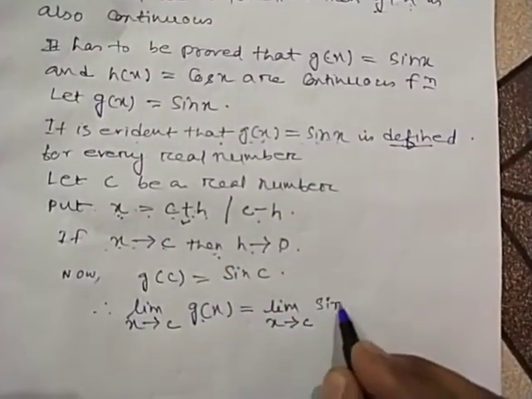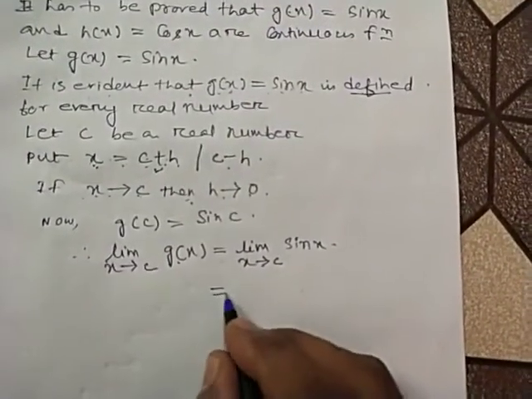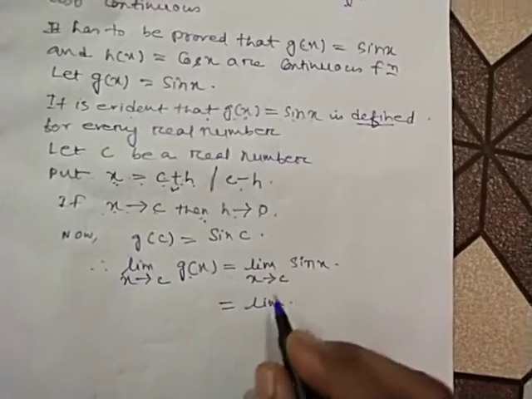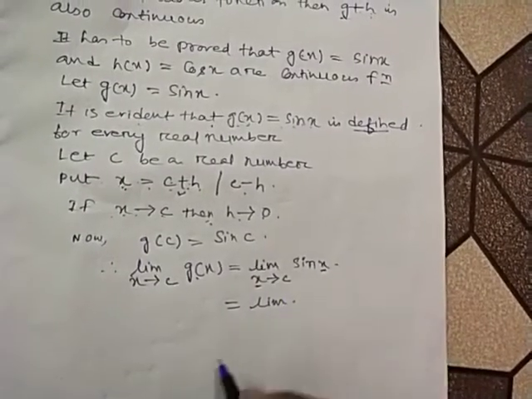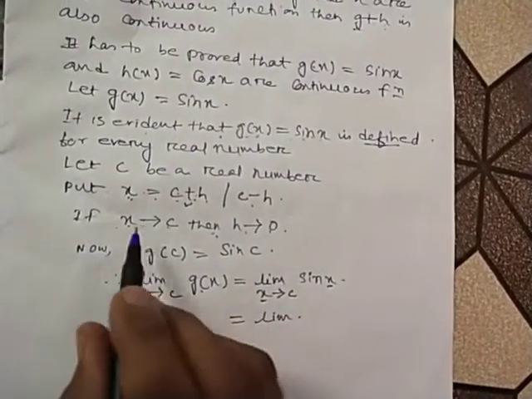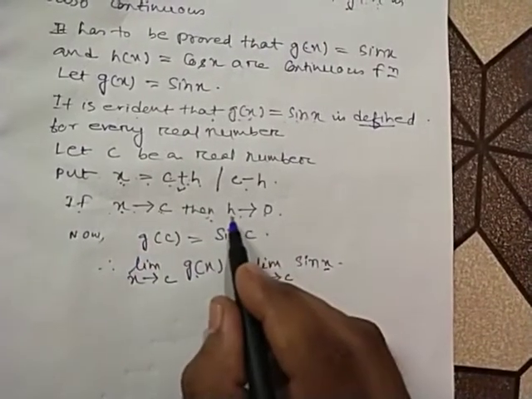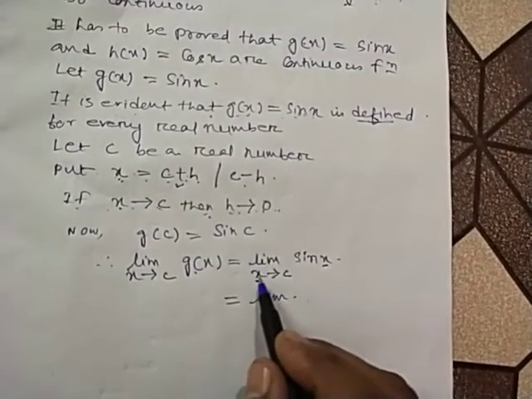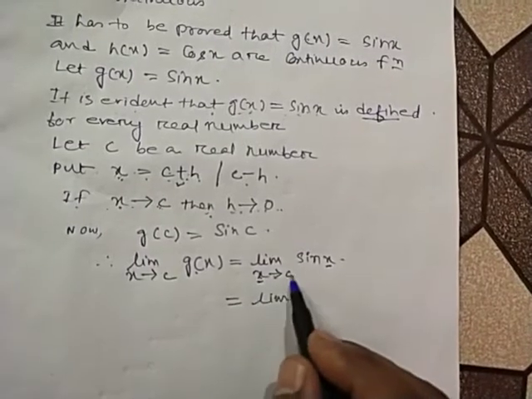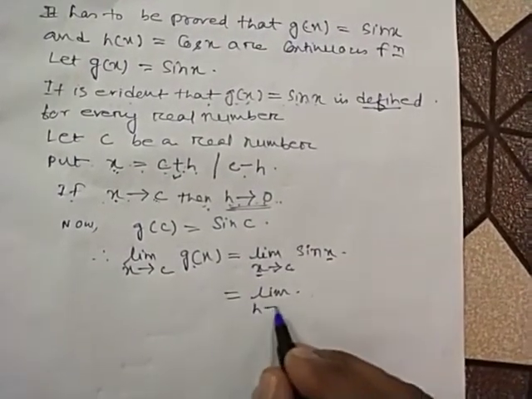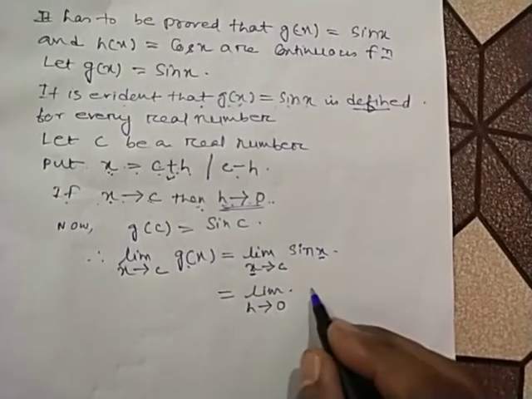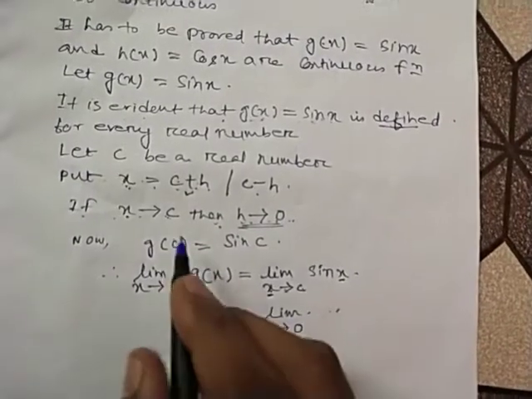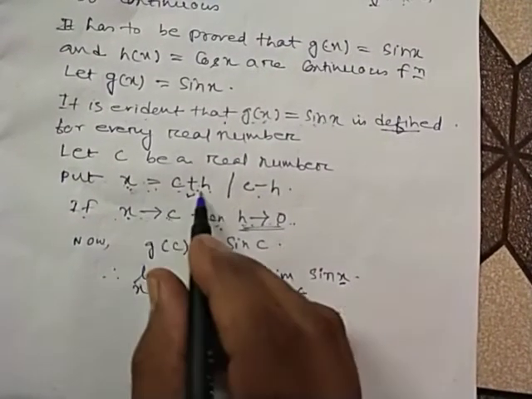Now when x tends to c, h tends to 0, so I will replace x tends to c by h tends to 0, and replace x by c + h.